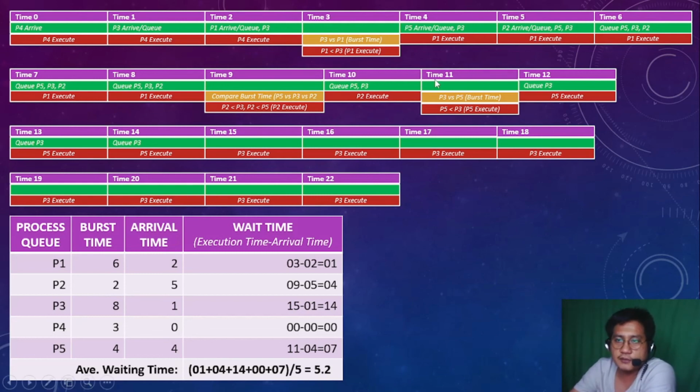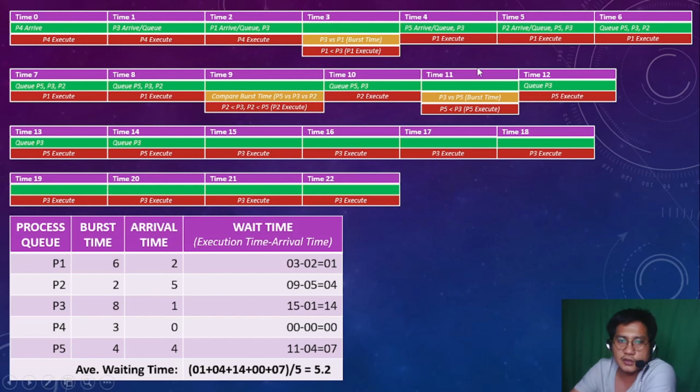Now from time 11, 12, 13, 14, the central processing unit will process process 5 and put process 3 in the queue.